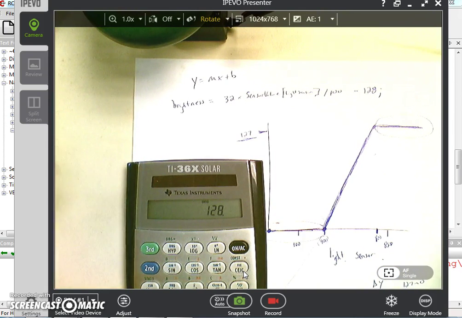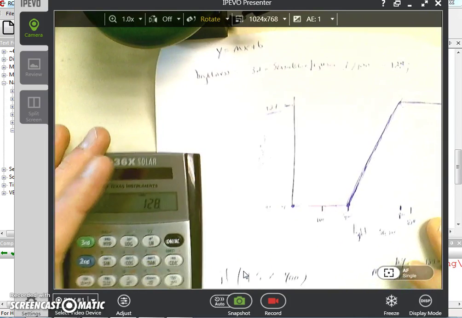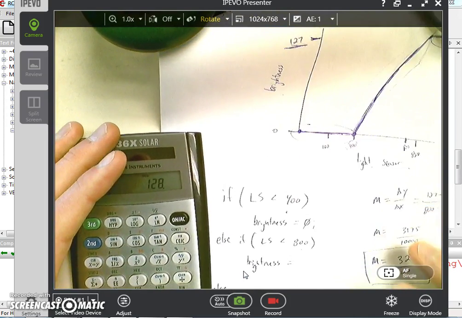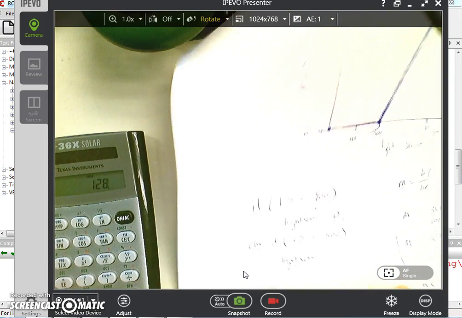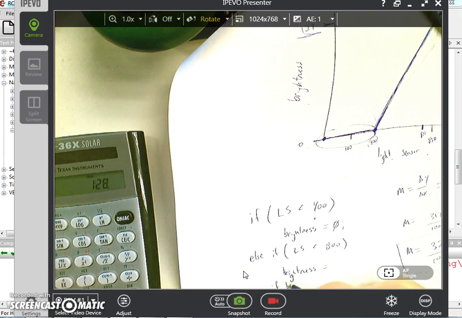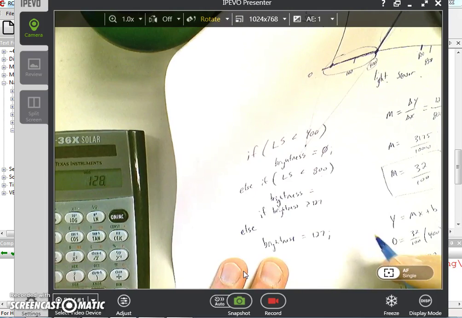So there's a couple ways that you can deal with that. One is you can deal with it by setting another equation right after that brightness. And you can do an if statement that if the brightness is greater than 127, we can reset the brightness.